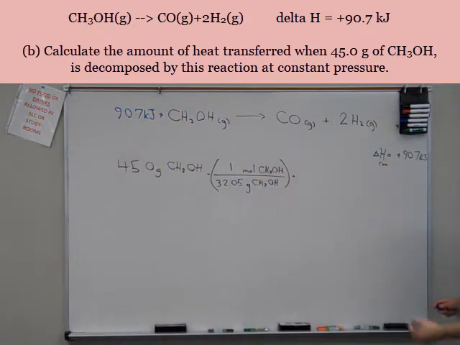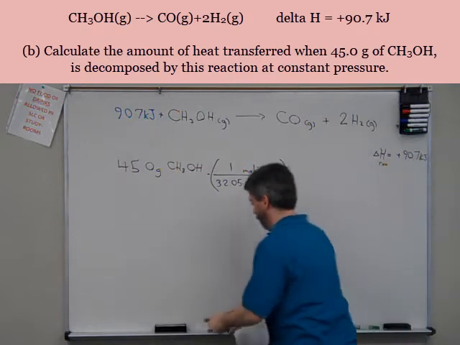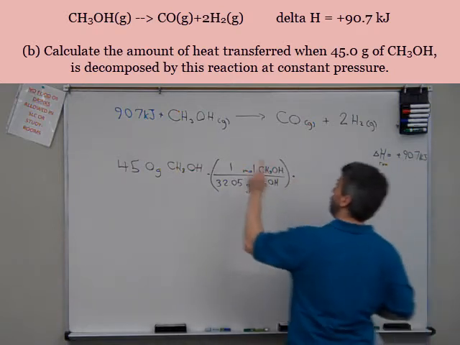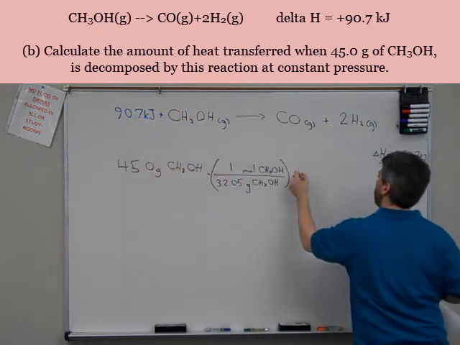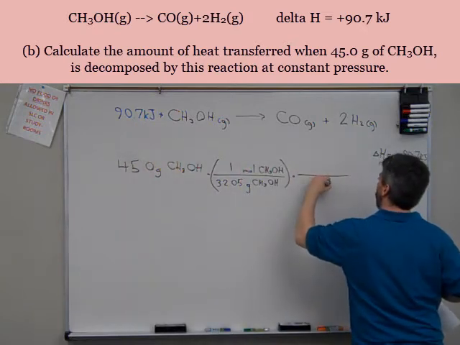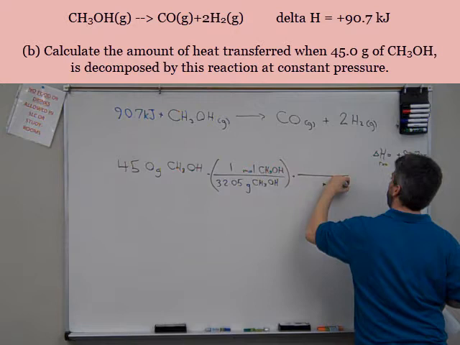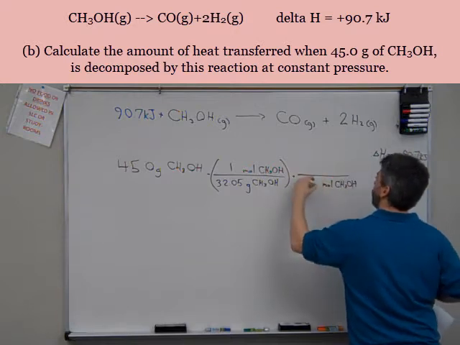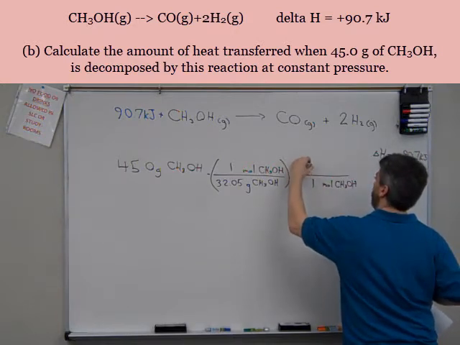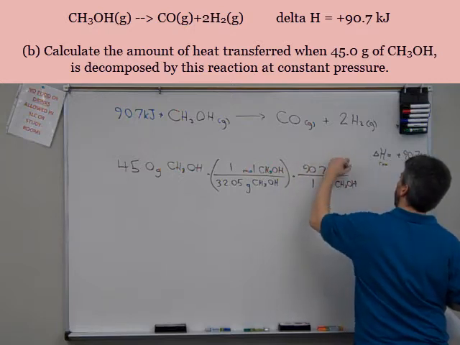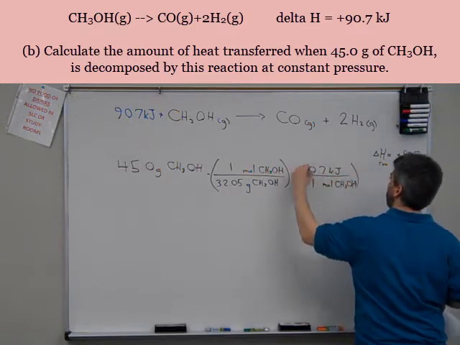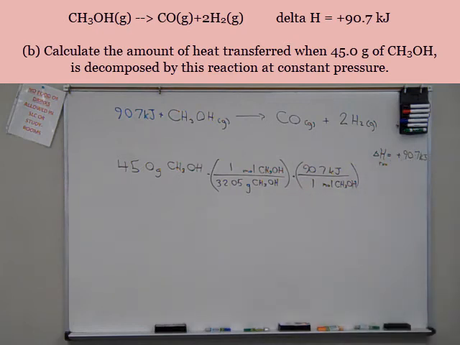So I can use that relationship and relate CH3OH to the heat. So 1 mole of CH3OH is going to give me 90.7 kilojoules of heat. Does that make sense?